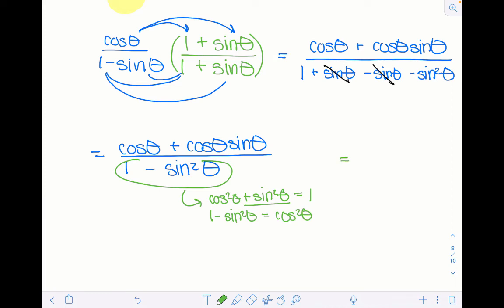So I can rewrite my expression keeping the numerator the same, but now I can rewrite the denominator as cosine squared.